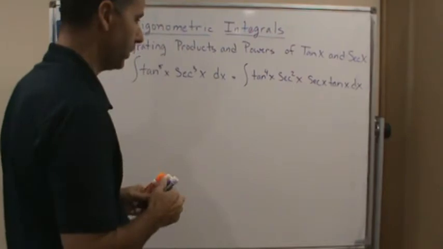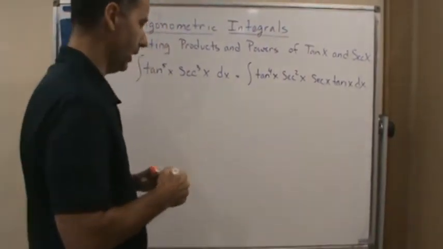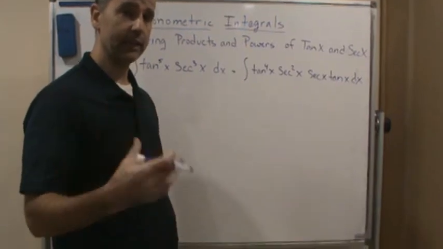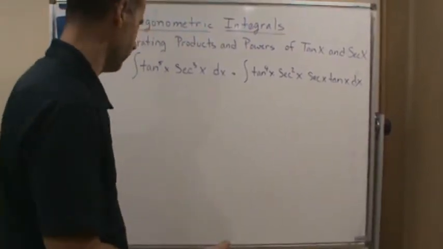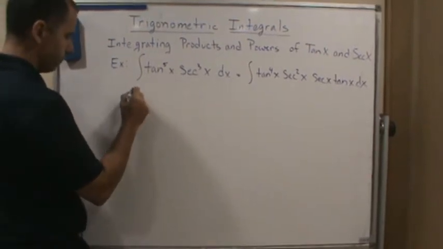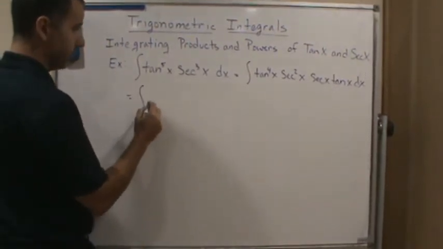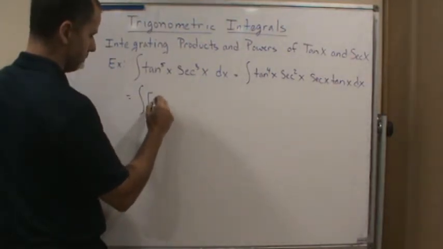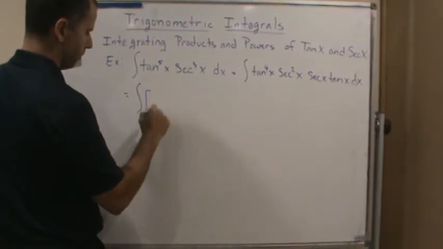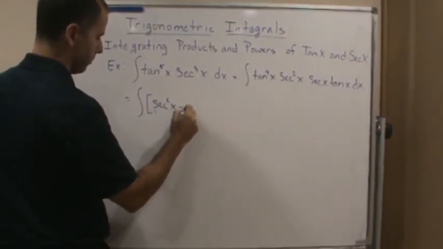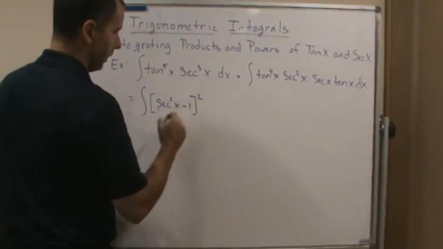And so that means we're going to have to use the identity that tangent squared x is equal to secant squared x minus 1. Okay? So that means we're going to have to rewrite this that way.